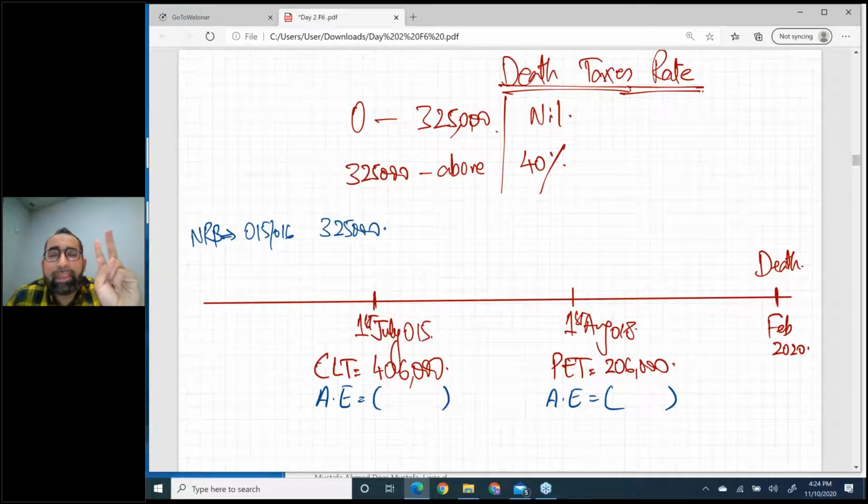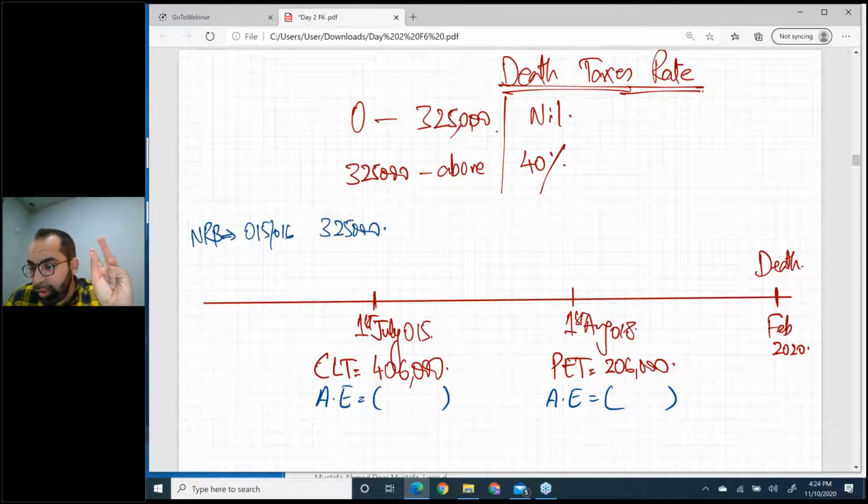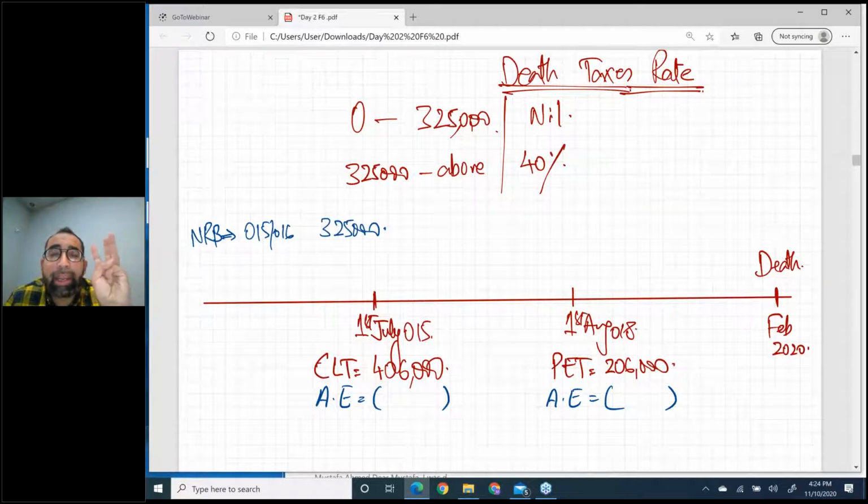Number two, if any CLT is done within the last 7 years of death, then you have to calculate additional IHT on CLT at the time of death. And the third and the last thing and the most important, IHT on death estate. So these three are the death taxes: PAT, additional IHT on CLT, and IHT on death estate.